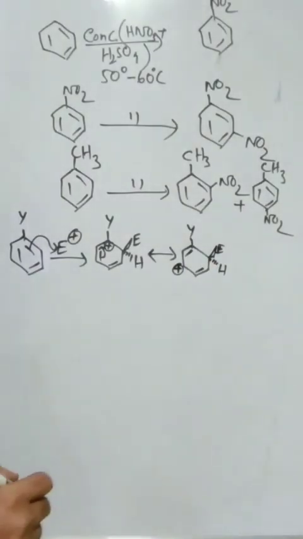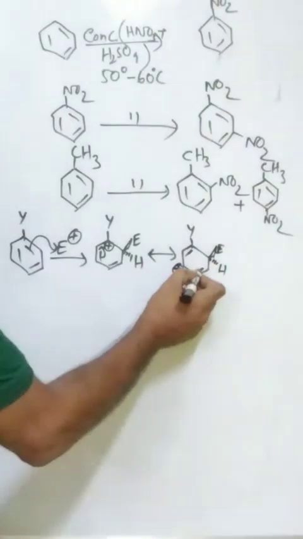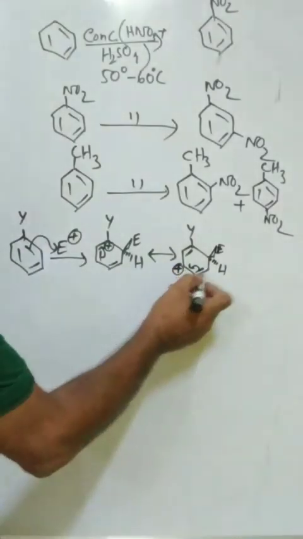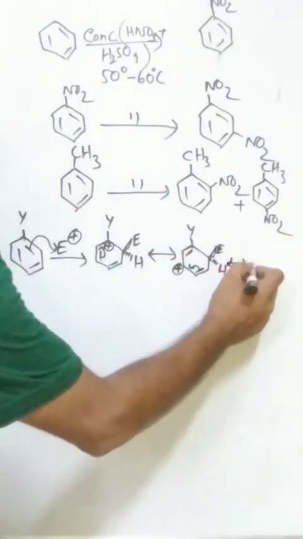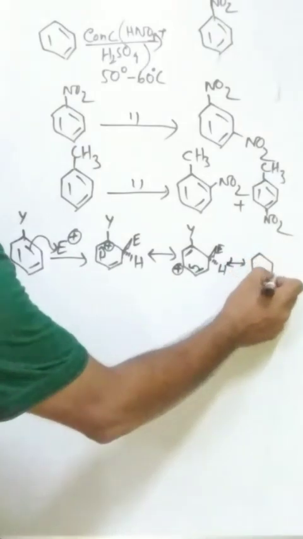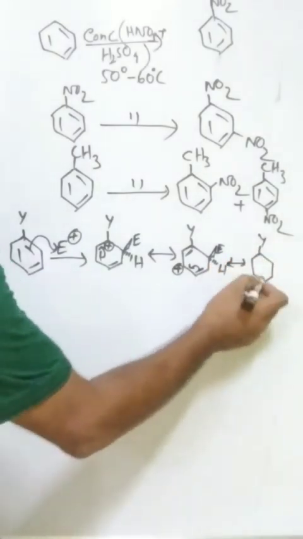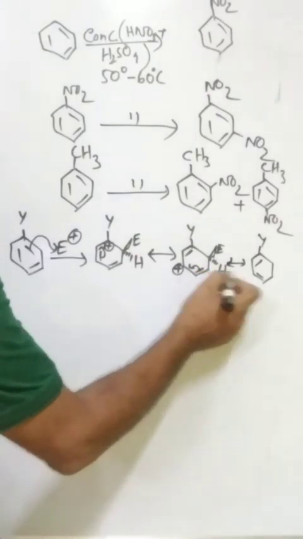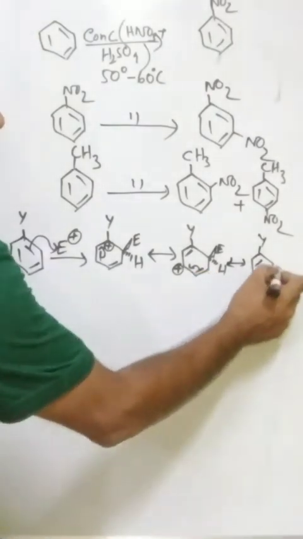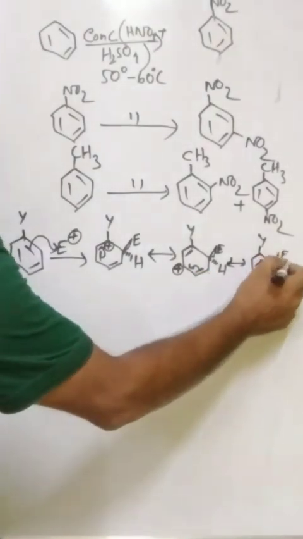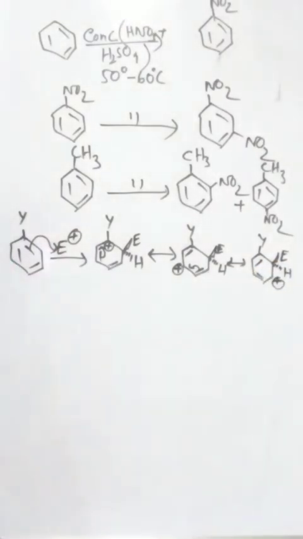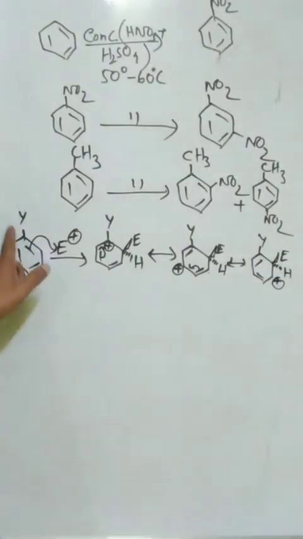Another resonating structure can also be formed when this pi bond shifts between these two carbon atoms. So in this resonating structure the double bond comes here, and the positive charge shifts to this carbon. So these are the resonating structures if the electrophile comes in the ortho position with respect to the substituent already present.